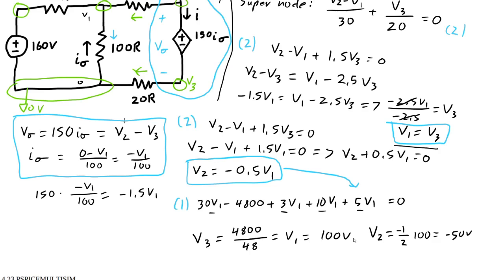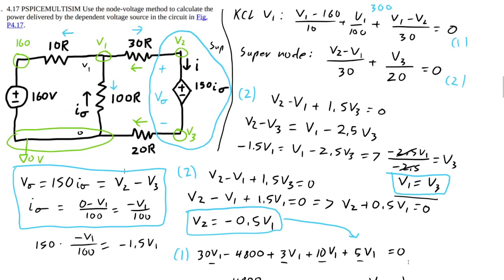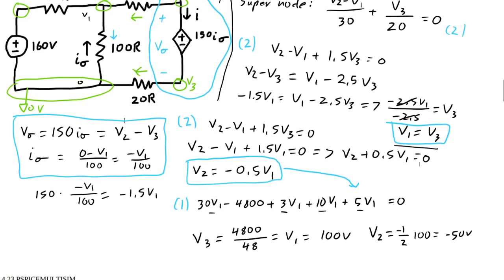So now we can find out this current I and this voltage V sigma, and use that to find the power that's delivered by that dependent source. So to find V sigma, we're going to do V2 minus V3. So V2 minus V3 is negative 50 minus 100, which is negative 150 volts.